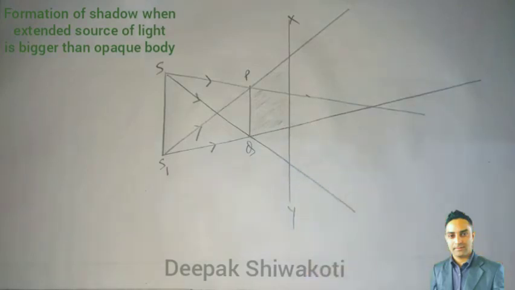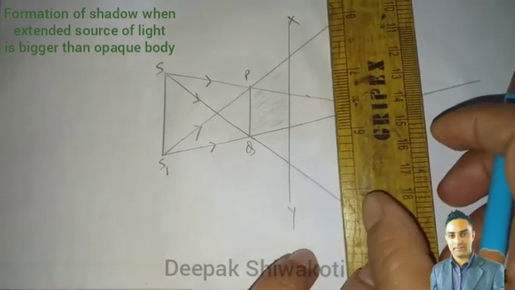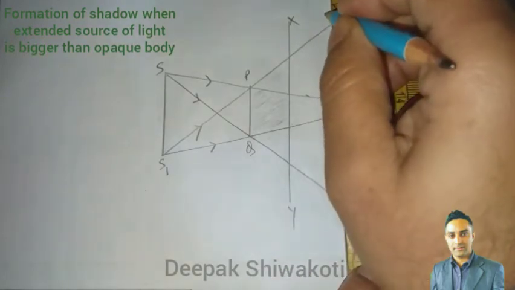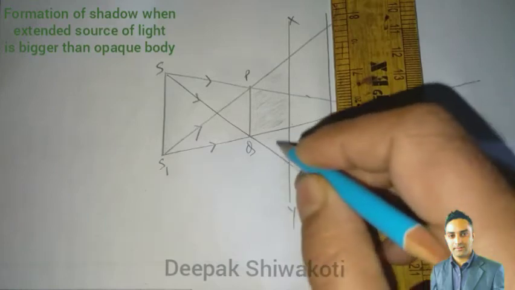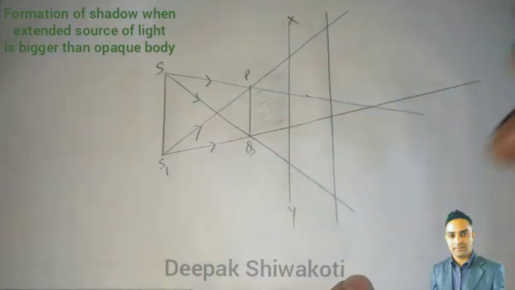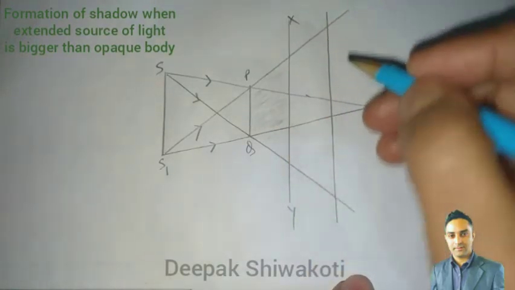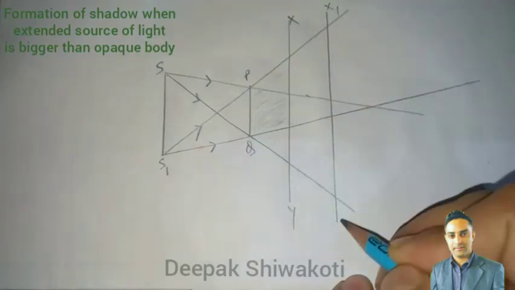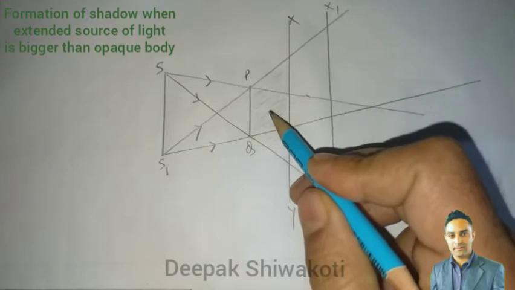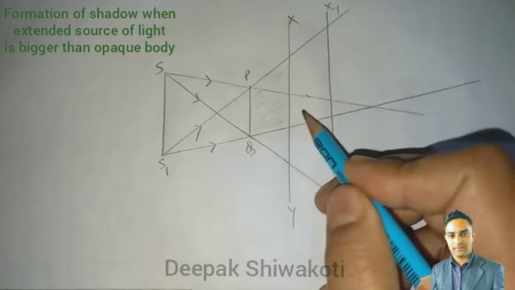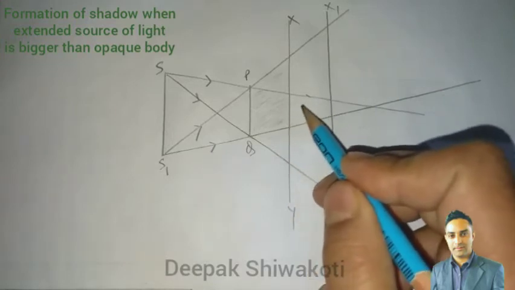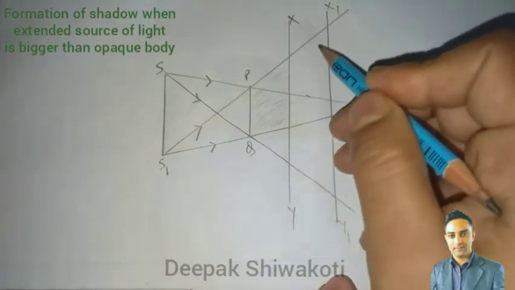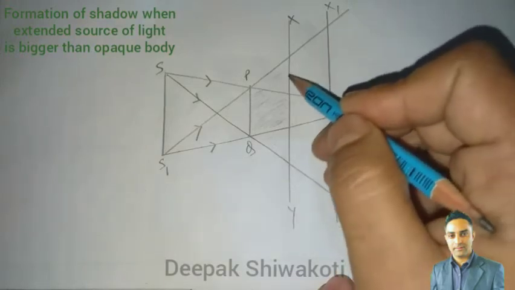If we move the screen from this place to this place, what happens to the umbra and penumbra region? You can see this X1 Y1, this umbra region will shrink, and the penumbra region becomes larger.